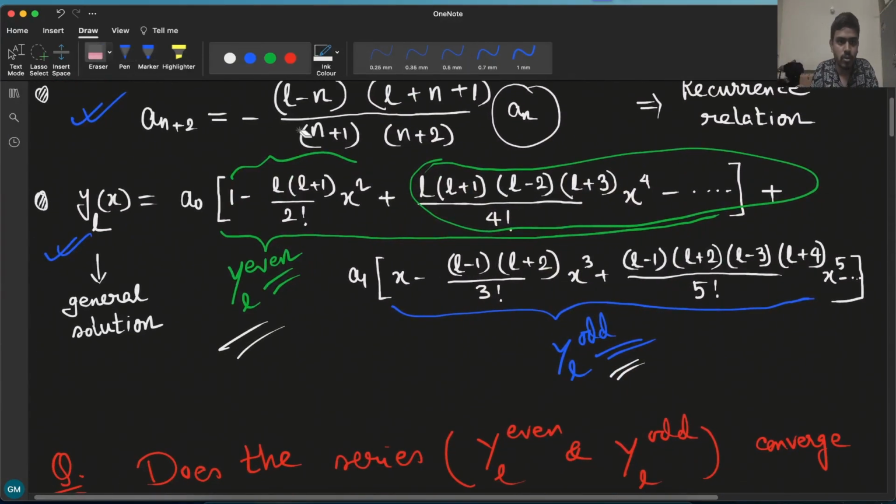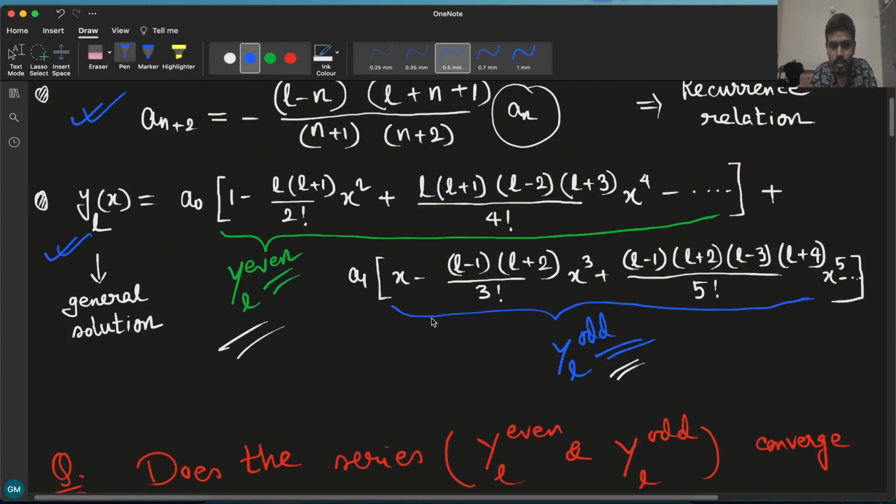So for L equals 3 you can see these two terms will survive, because L minus 3 is present here, so all the higher order terms in this odd series will be 0, right? So basically we are left with these two terms, that is x minus.